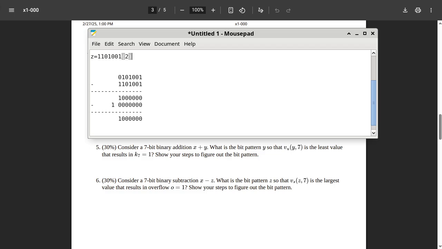So the way I got to the answer is based on the range of the signed interpretation. That gave me negative 64 to positive 63. Then I have to ask, in this particular subtraction, what is VS of x? Well, that we figured out earlier, which is 41. So now we are trying to figure out 41 minus VS z7 has to get outside of that range, from negative 64 to positive 63.